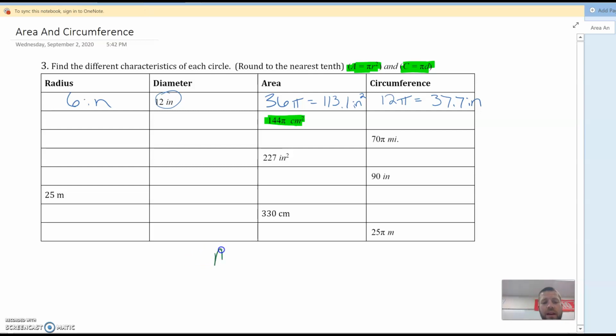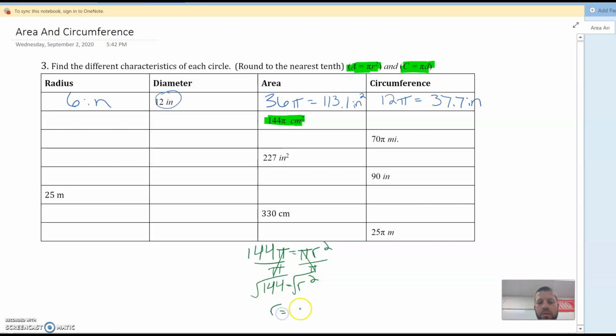Area equals pi r squared, so I can say 144 pi equals pi r squared. I'm just plugging it into my formula. Then I can solve for r. If I divide by pi on both sides, the pi's cancel out. 144 equals r squared. And then I can take the square root.